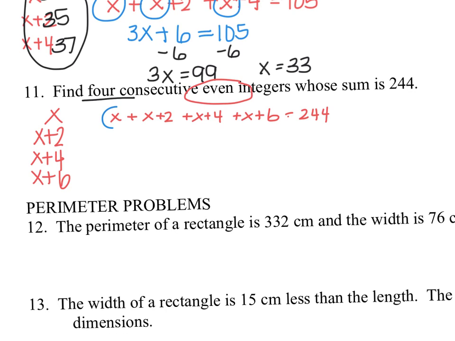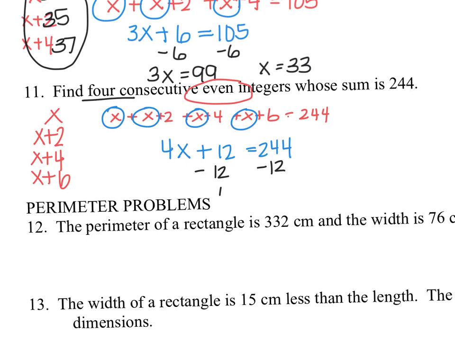Combine like terms. x and x and x and x is 4x, plus 2 plus 4 plus 6 is 12. And that equals 244. And then solve for x. Minus 12 on both sides. 4x equals 232.